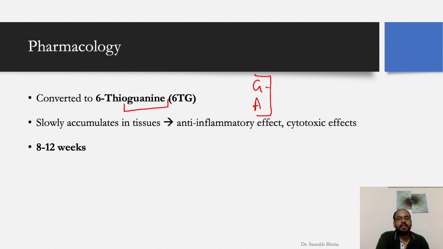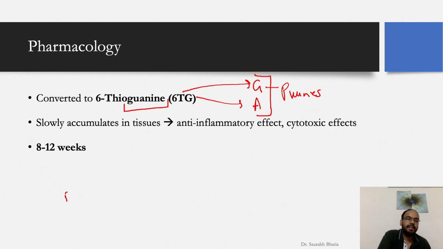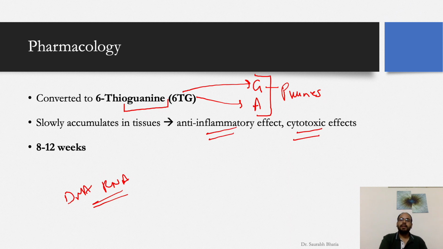These are the natural purines in the body, and 6-thioguanine takes the place of either one of them and incorporates inside the DNA or the RNA of the immune cells, leading to inhibition of purine metabolism and decreased proliferation of immune cells, leading to cell death, and that is responsible for its anti-inflammatory and cytotoxic effects.